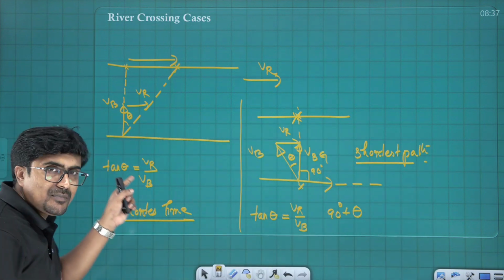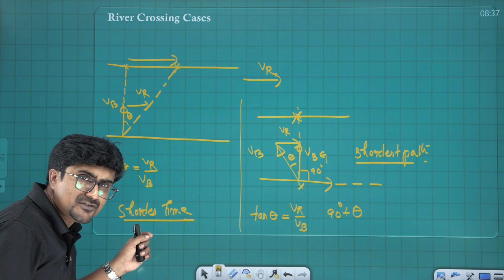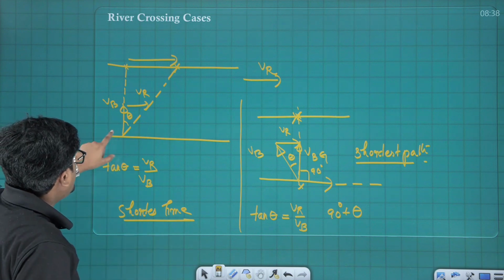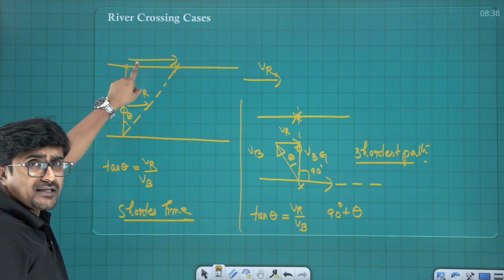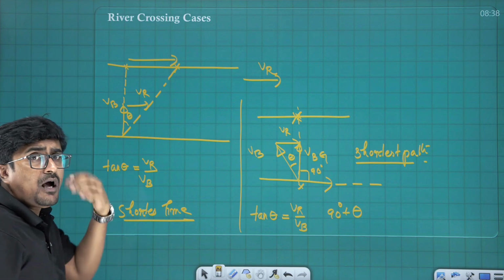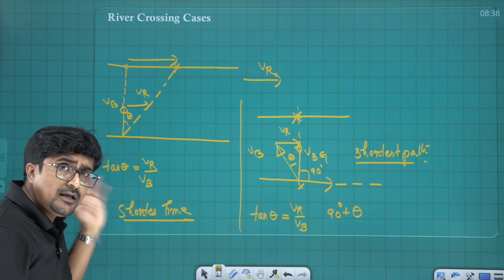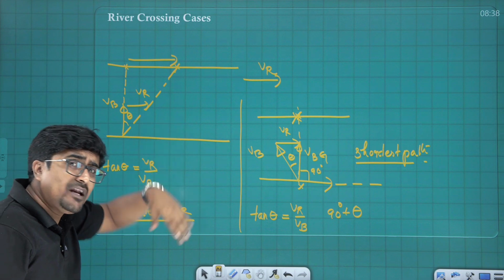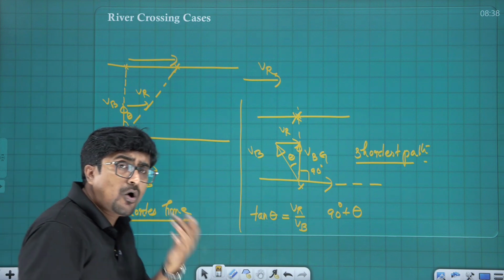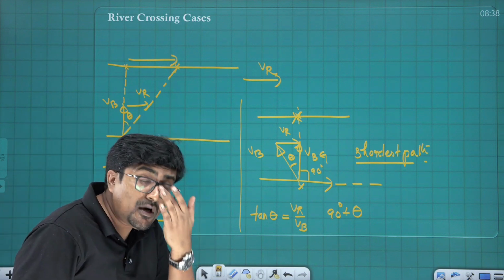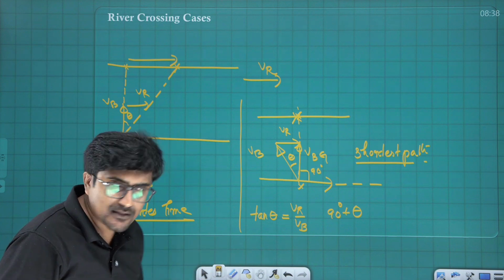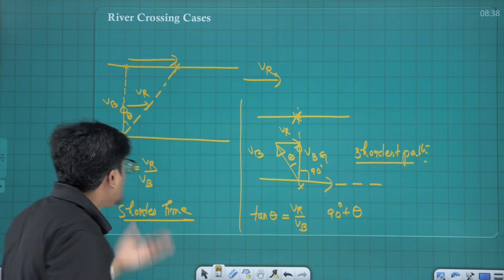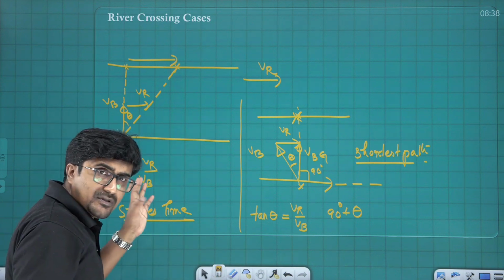And why is this termed the case of shortest time? Because we need a displacement along the y-axis, and whatever I have to invest along the y-axis is only Vb, because the river velocity is already along the x-axis. So river velocity is not going to contribute to our journey along the y-axis. What I only have to invest is my velocity component, that is Vb.